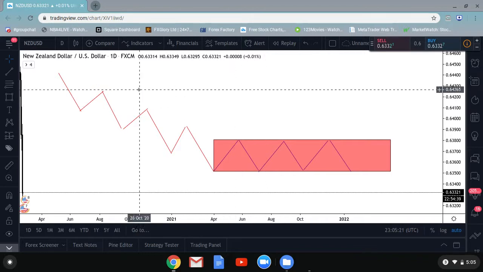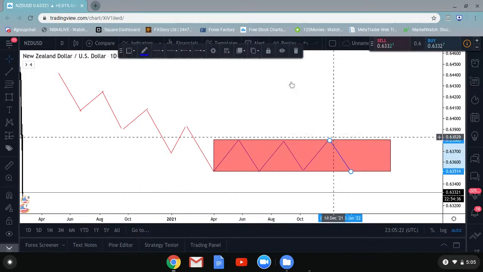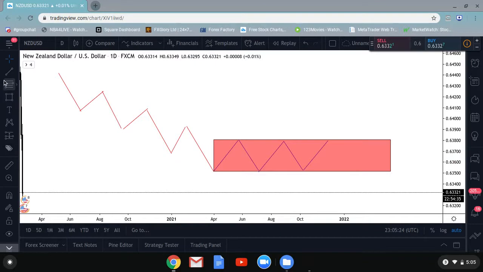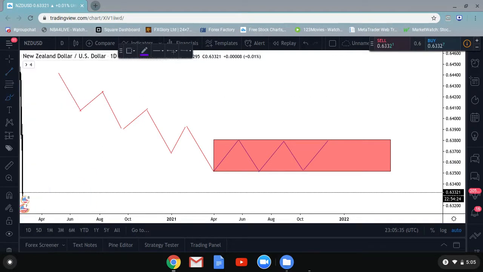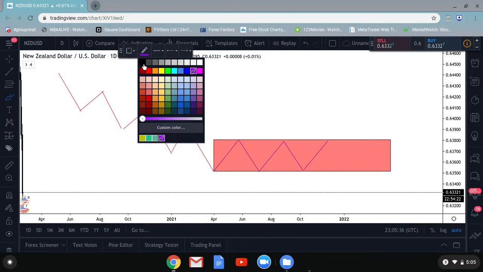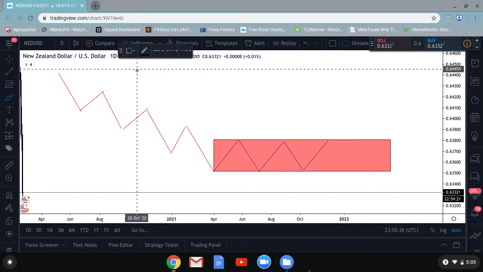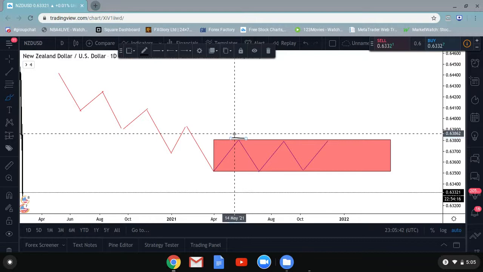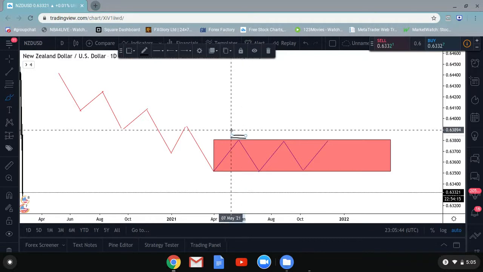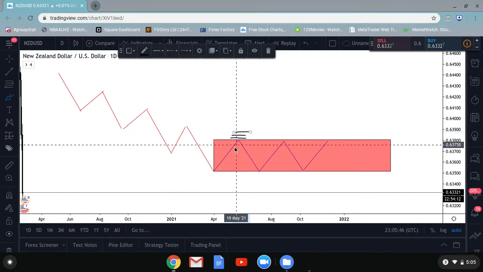Like what usually happens, because the markets know where people have their stops set up. The market knows this, and they know that the first set of traders are probably going to have stops somewhere up in here, right?